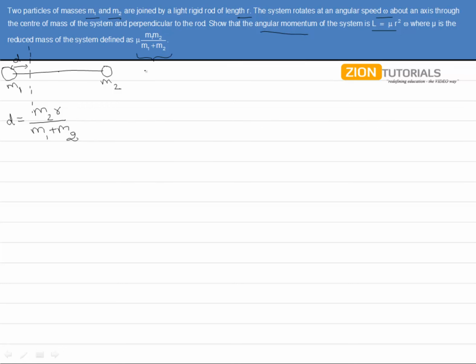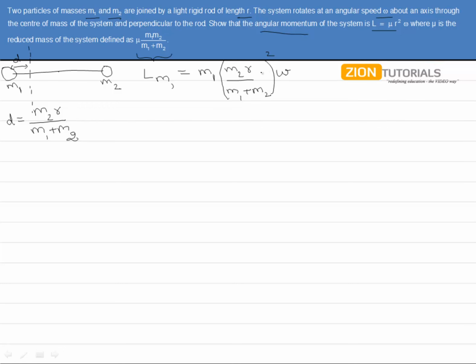Let us first calculate the angular momentum due to the m1 mass of the system. That will be m r square omega, where m is the mass of the particle itself, r is the distance from the axis, which is d1 over here, so it will be m1 into m2 r over m1 plus m2 whole square into omega.